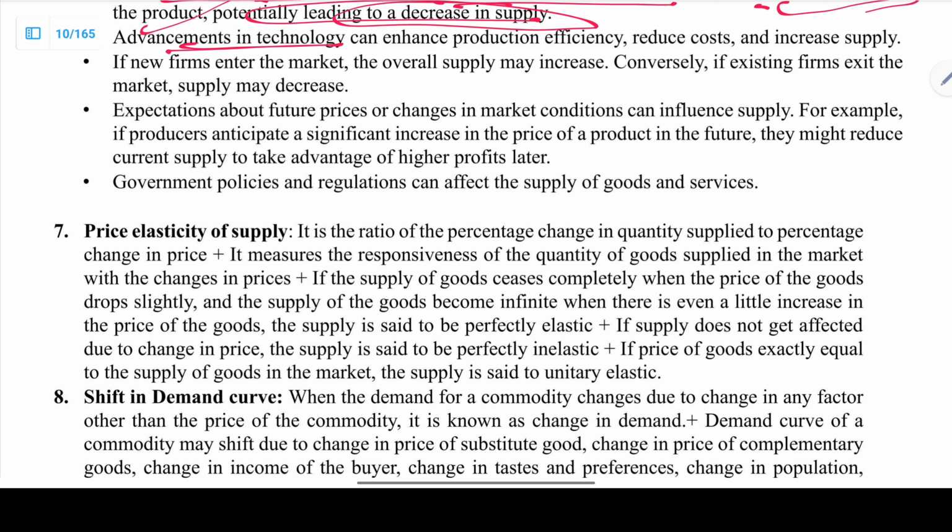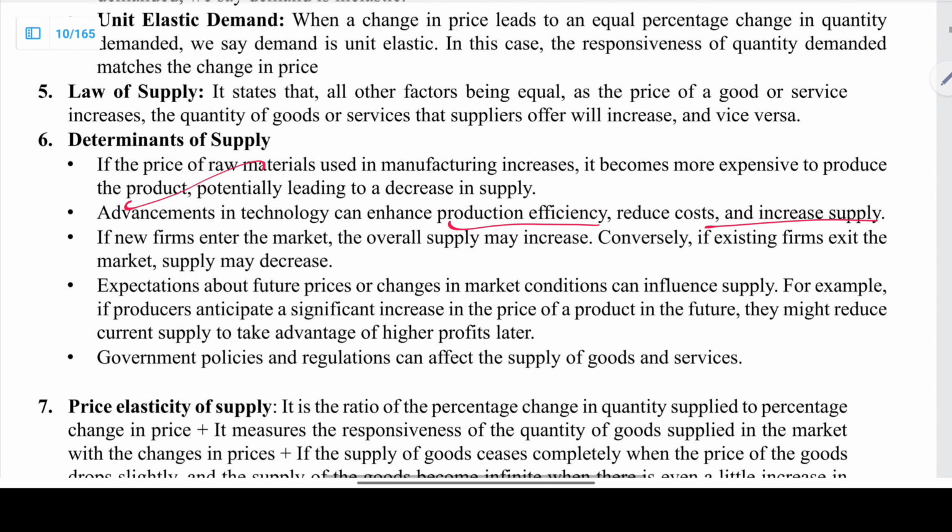What is the advancement in technology? It enhances production efficiency, reduces the cost and increases supply. It enhances the efficiency, it reduces the cost, therefore we can produce more.